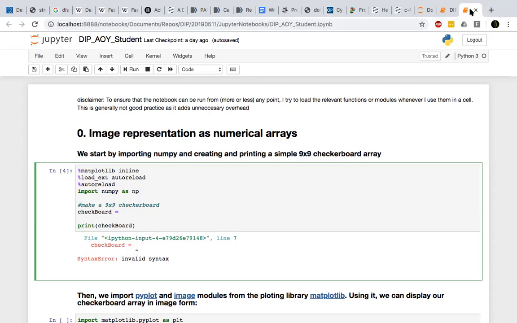So first hint, a dark pixel is going to be 0, and a bright pixel or a white pixel is going to be 1. So you're going to have a grid of mostly zeros and ones, right? Because checkerboard is 0 and 1.